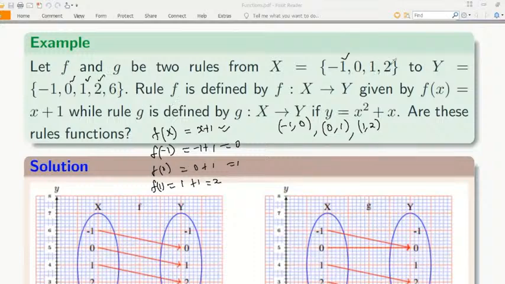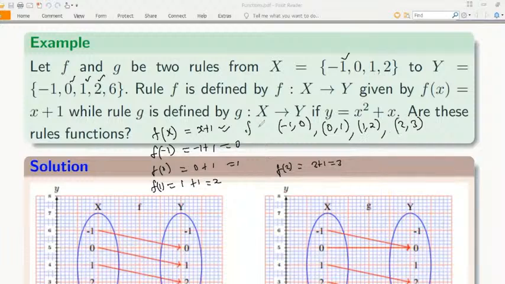Then lastly, we look at this element 2. If the object is 2, what would be the image? By definition the image would be 2 plus 1, which is 3. That means 2 is assigned to 3.